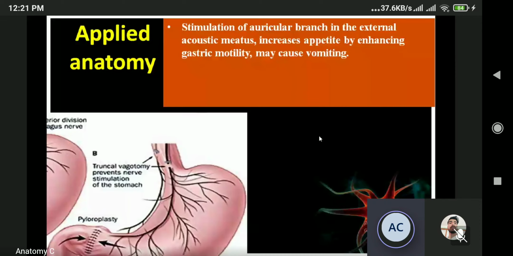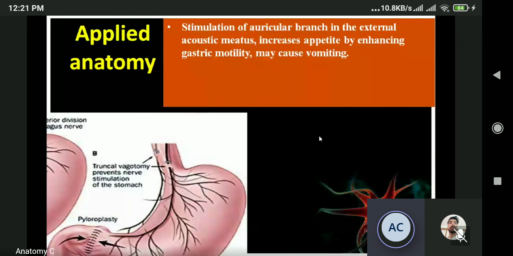This auricular branch of the vagus nerve supplies the external acoustic meatus, and also the tympanic membrane. Stimulation of the auricular branch in the external acoustic meatus results in increased appetite, and this was mainly done by the British aldermen. So that's why another name is given, Alderman's nerve.